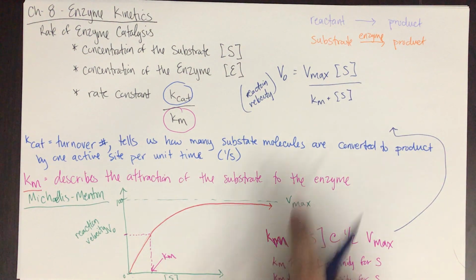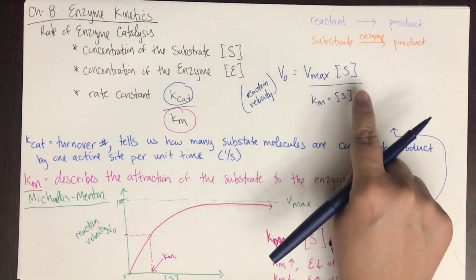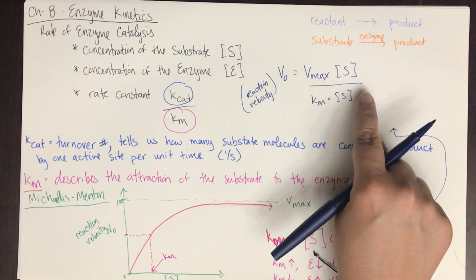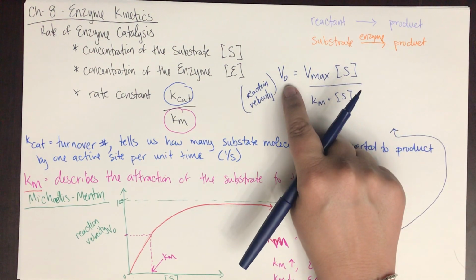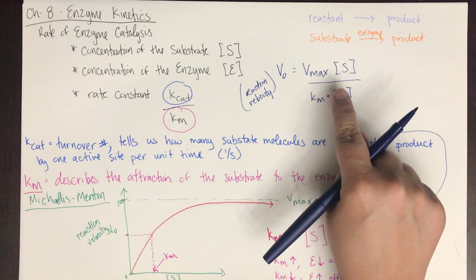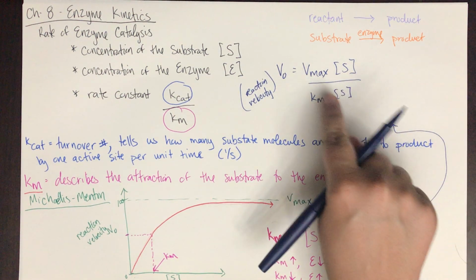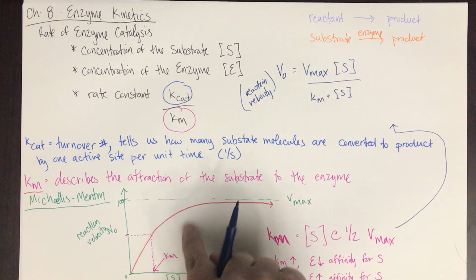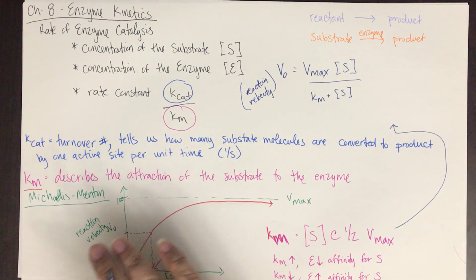So that's how we can calculate the reaction velocity at different concentrations, or if we know the reaction velocity and the substrate concentrations in the Km, we can calculate the Vmax. This is a relationship that we're able to calculate based on this relationship.